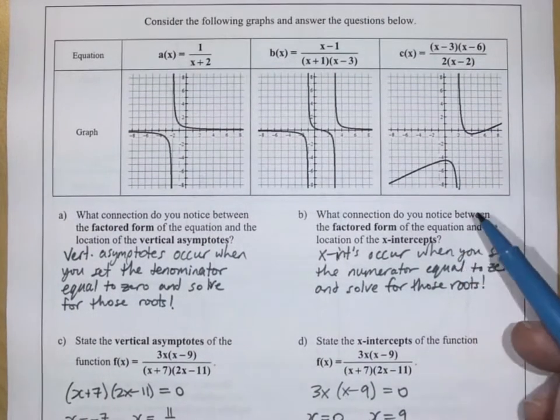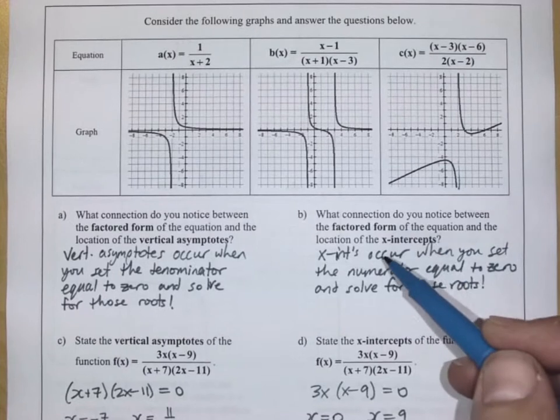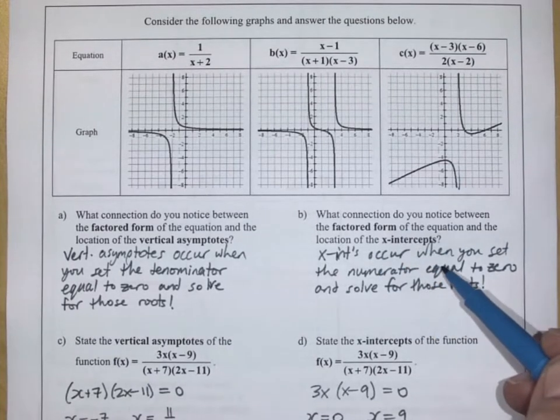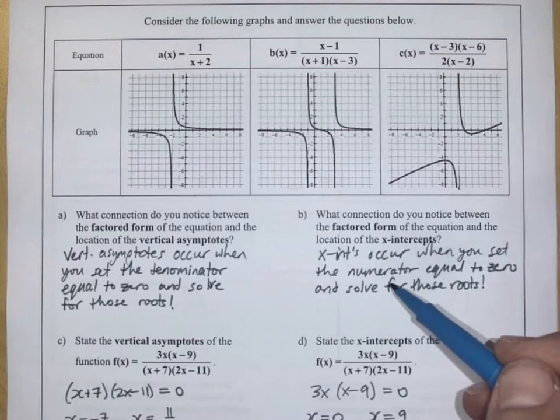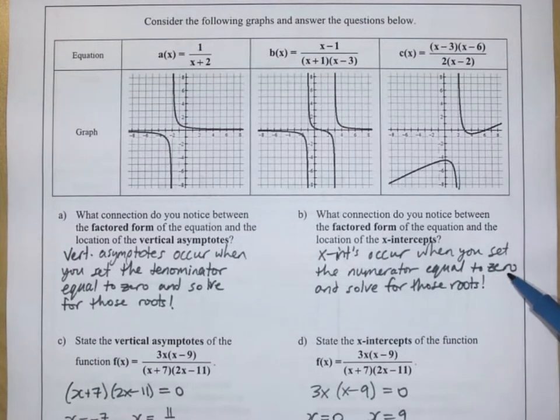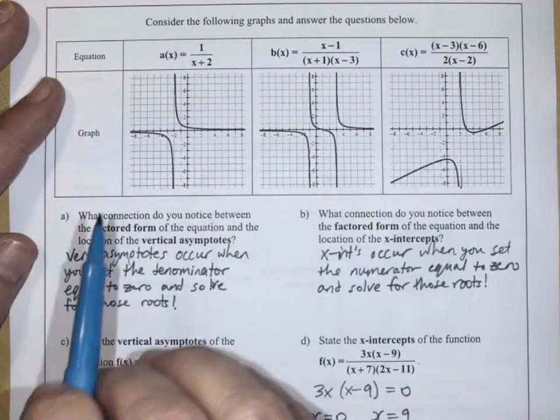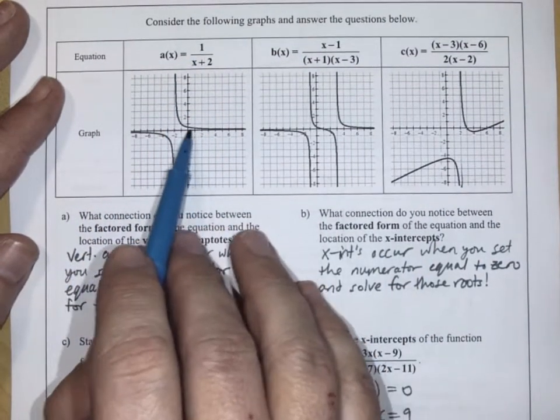What connection do you notice between the factored form of the equation and the location of the x-intercepts? Well, the x-intercepts occur when you set the numerator's factors equal to 0 and solve for those roots. Here, if I set 1 equal to 0, there's no x-intercepts. Interesting.